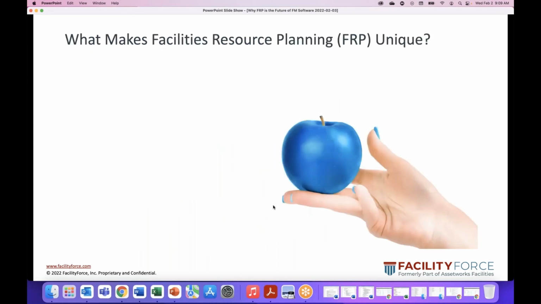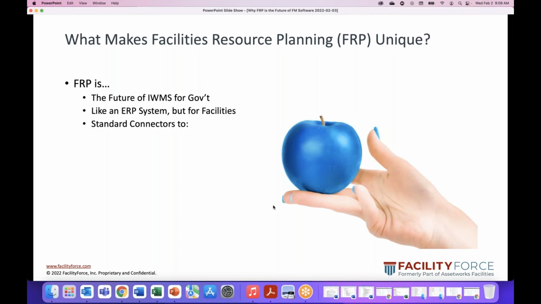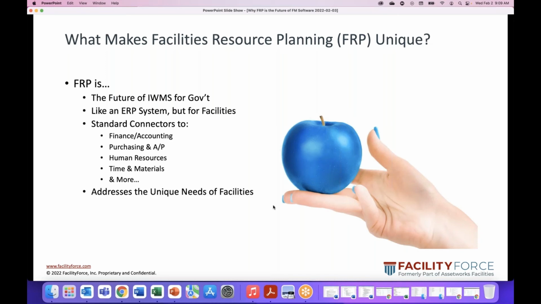So what makes FRP unique? We see it as the future of IWMS for government. It's like an ERP system, but for facilities specifically. And it has standard connectors to your ERP for finance and accounting, purchasing, accounts payable, human resources, and so on.